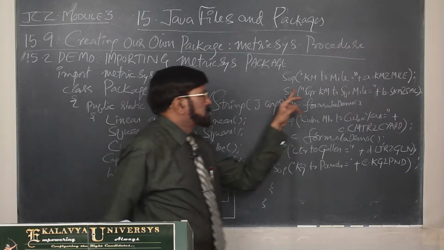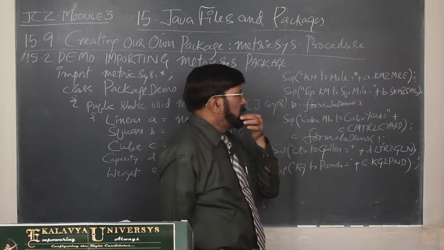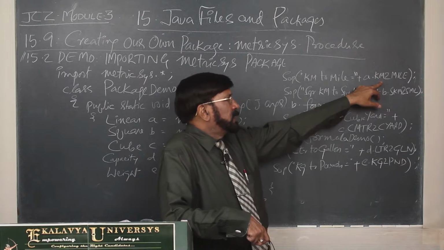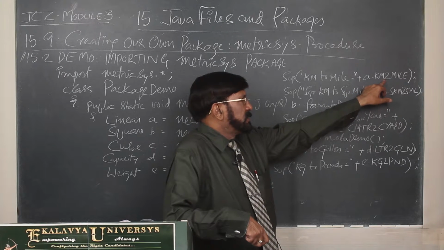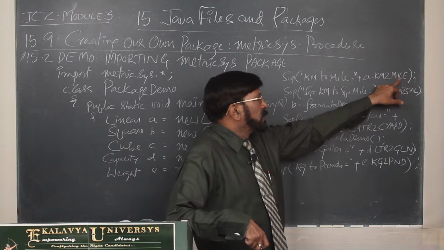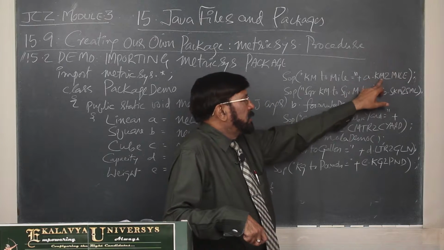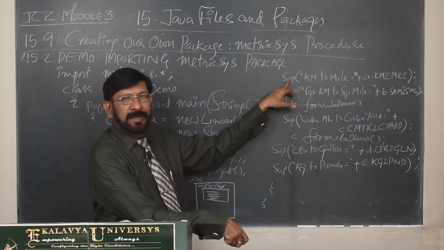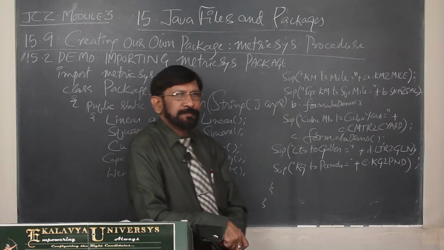First one, kilometers to mile. Already you must recall that we have defined this constant there, linear km to mile. I am calling A.km to mile, and as a result, because it is written in the SOP statement, that is printed.